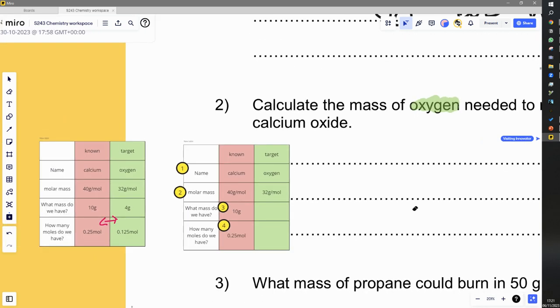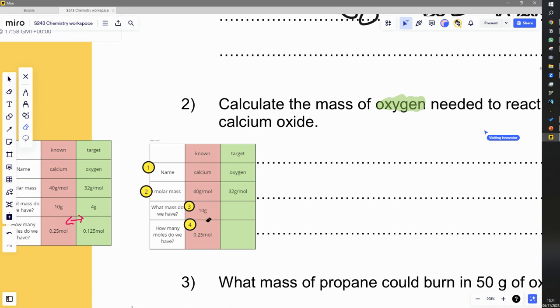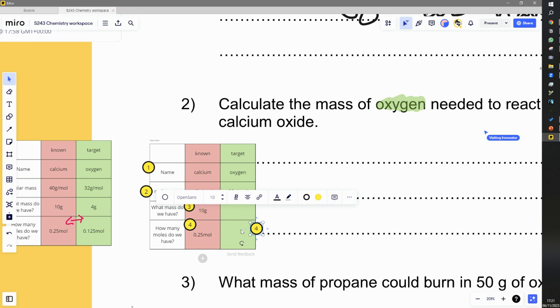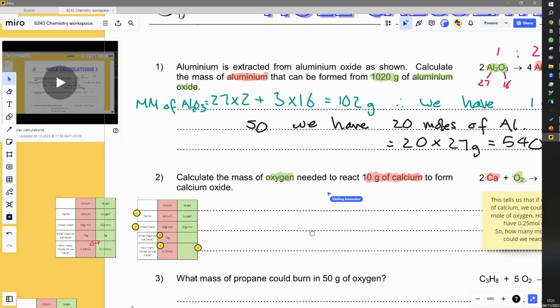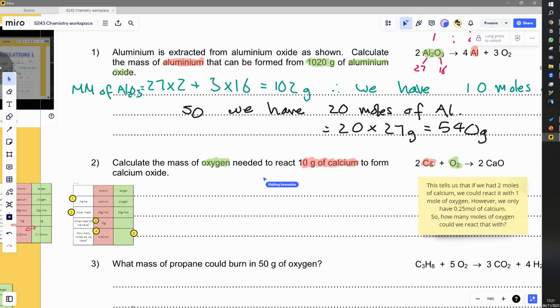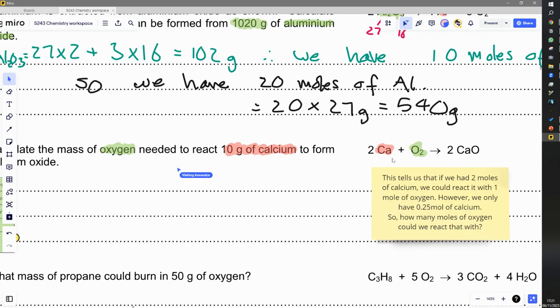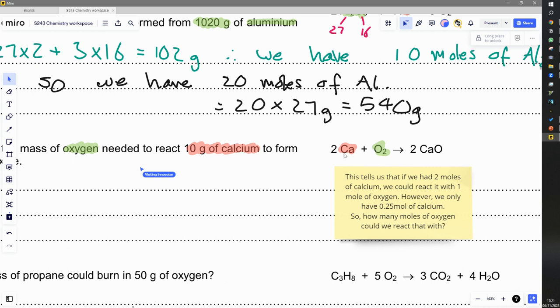So now what we do, the fifth step is this bottom right one. And the reason why that's the fifth step is because now we've got the moles of the known substance, we're going to use the balanced equation to work it out. As it says here, this is a 2-to-1 ratio.